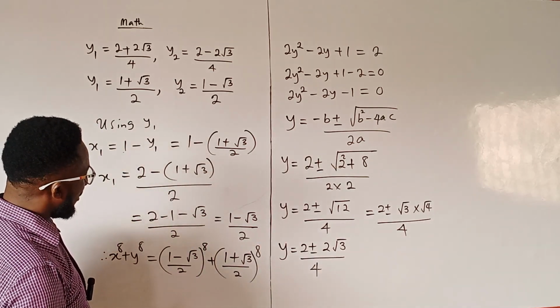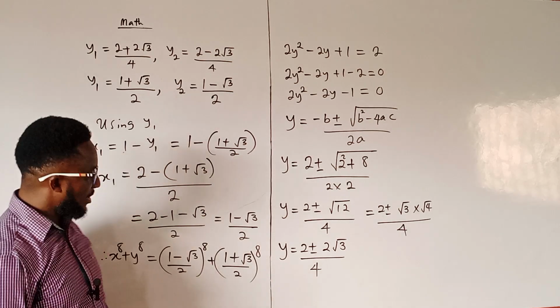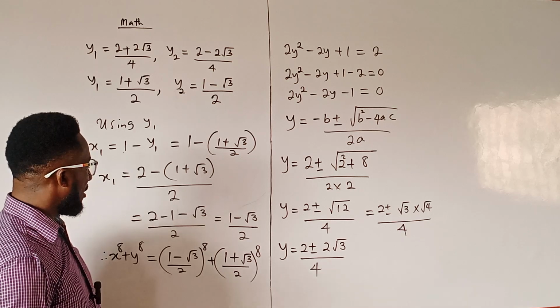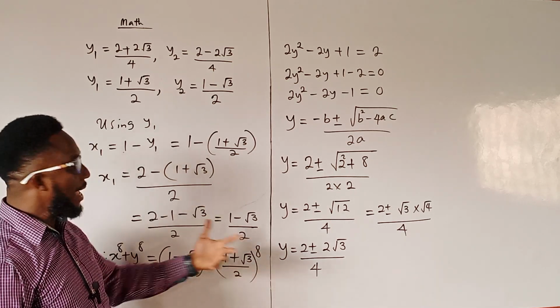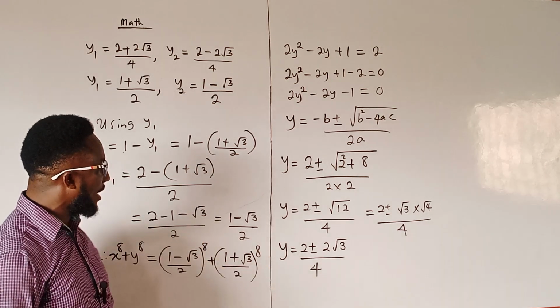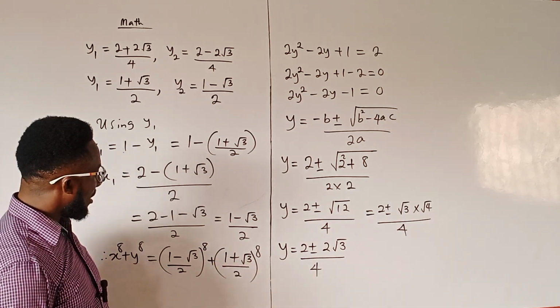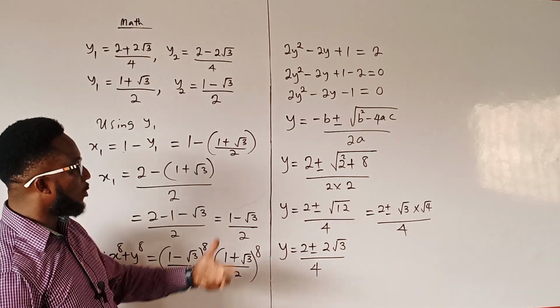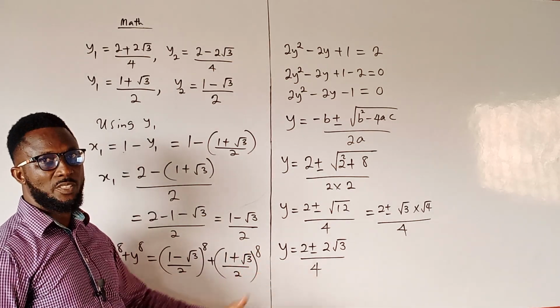So you can see the enormous task that we need to overcome here. So, except you have an IQ like that of Einstein, the rest, you are not going to do this in an Olympiad examination and survive it.